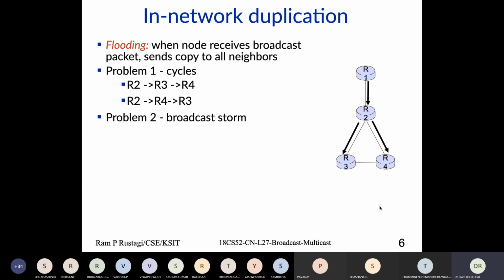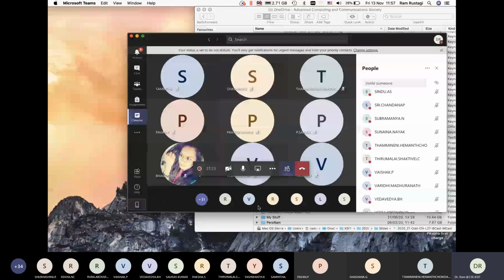Assuming I had one more router here, besides R3 and R4, what could be the problem there? Let me see if I can show that.